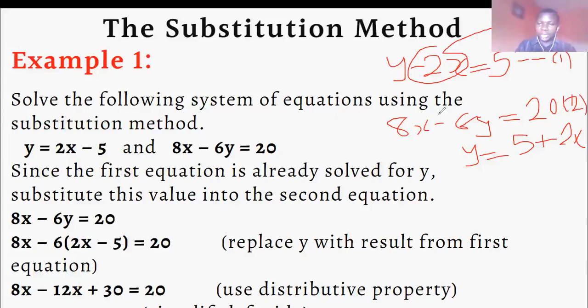After doing that, we now insert this y, 5 plus 2x, back into this equation here. So it's going to give us 8x minus 6 times (5 plus 2x).